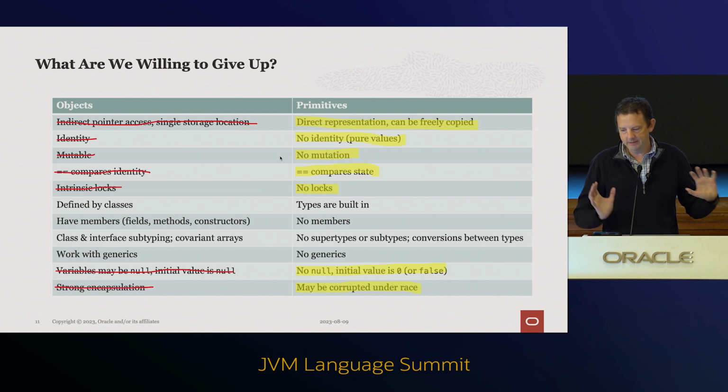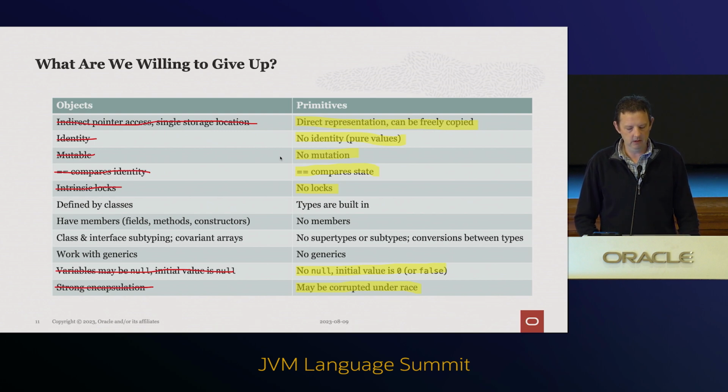Okay, so all these things we've crossed off are properties of objects that get in the way of the primitive-like behavior that we started out saying we'd like. And actually a lot of them are not particularly useful for applications. Objects come with all this overhead, but sometimes you just don't need all of that.